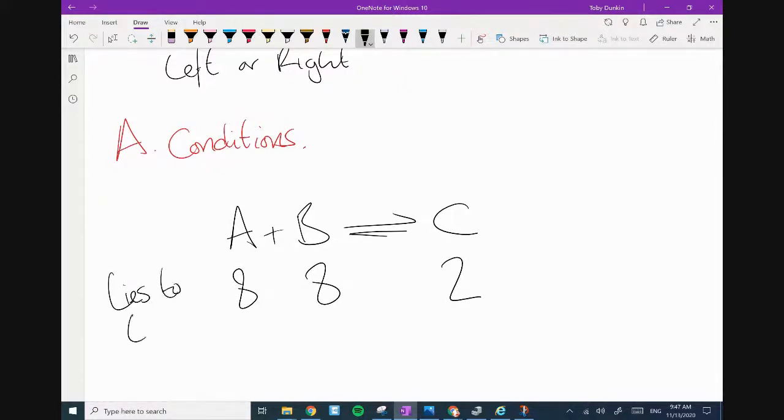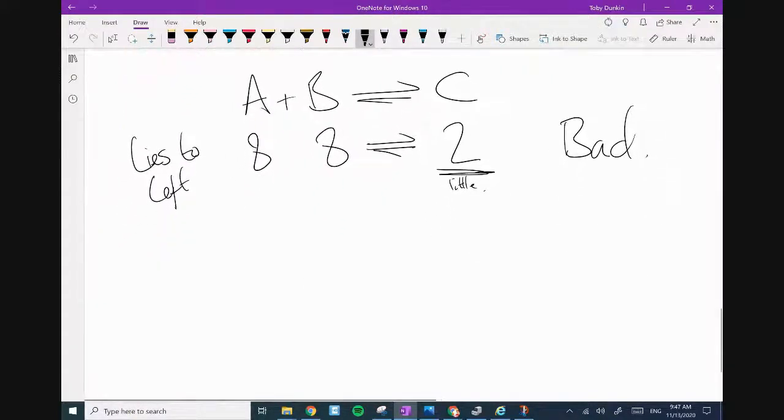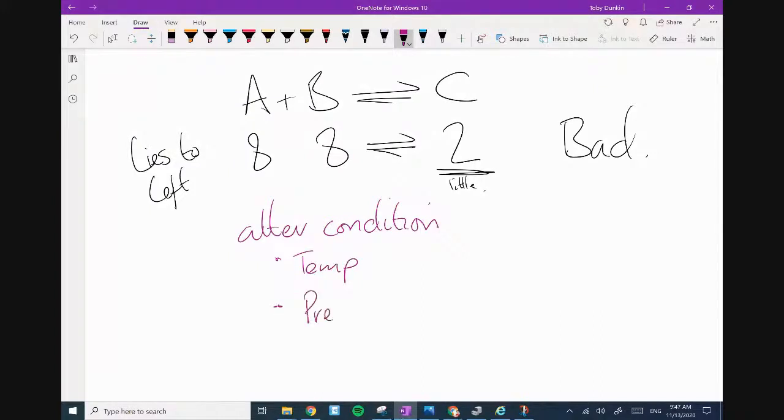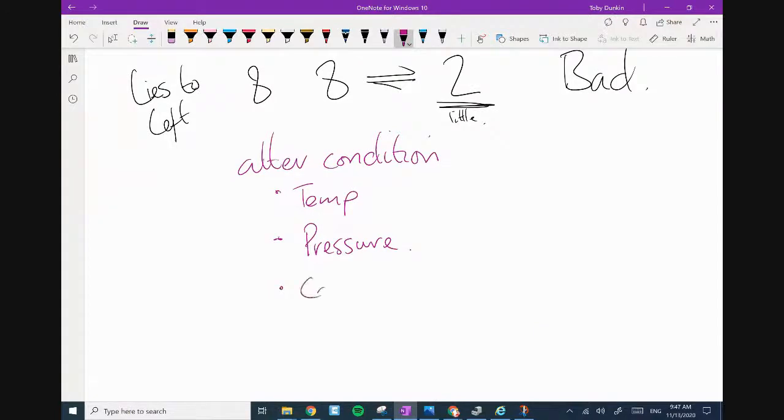This is bad, because I've got very little product. But what I can now do is change the conditions. The conditions that I can alter are temperature, pressure, and concentration.